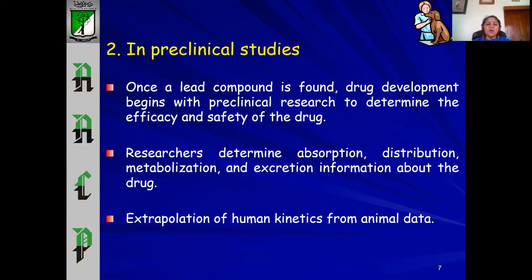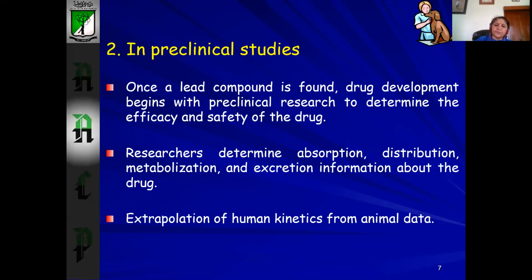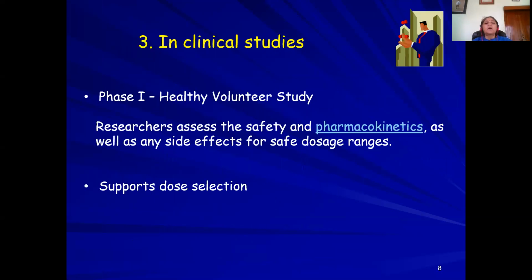And we could also extrapolate the human kinetics from the animal data. In clinical studies, in phase 1 studies where healthy human volunteers are used, researchers assess the safety and pharmacokinetics as well as any side effects for the safe dosage ranges. So here in phase 1, the pharmacokinetic data supports dose selection.